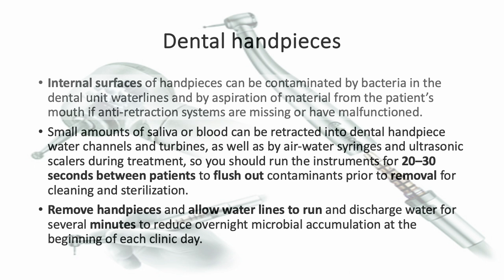The internal surfaces of handpieces can be contaminated by bacteria in the dental unit water lines and by aspiration of material from the patient's mouth if the anti-retraction system is not working. Also, small amounts of saliva or blood can be retracted into dental handpieces' water channels, as well as the air-water syringe and ultrasonic scaler during treatment.